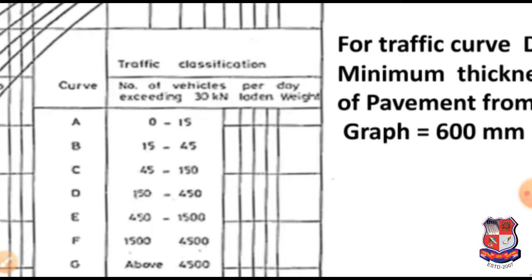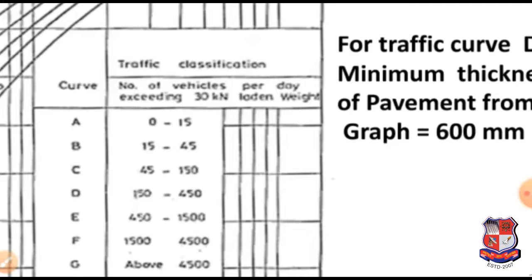According to traffic data, if the number of vehicles per day which have loading weight more than 3000 kilogram or 3 ton is between 0 to 15, for that type of road curve A is used.